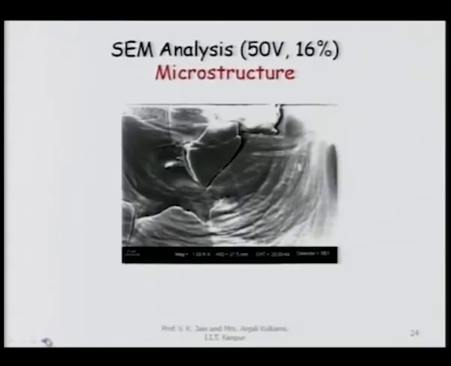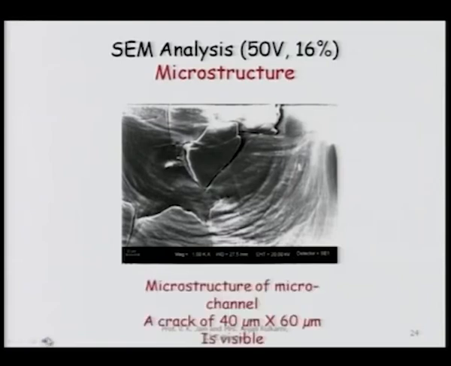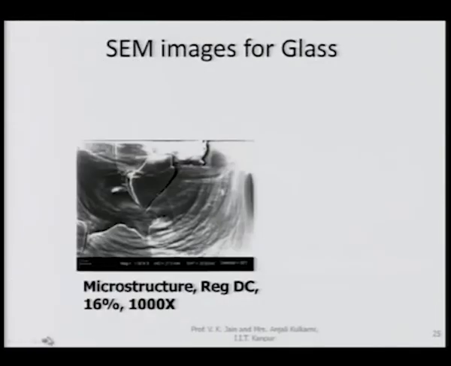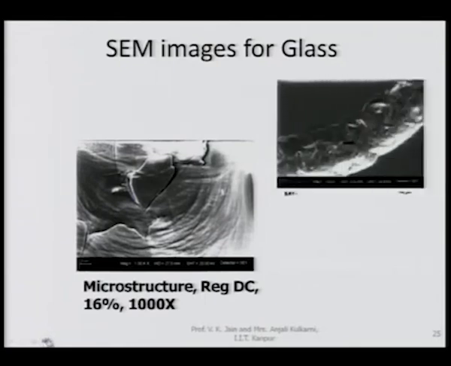You can see a further enlarged view, and clearly you can see the cracking of the top or machined surface. Again a further view of the glass microchannel and cracking taking place on the machined surface. This is another view.